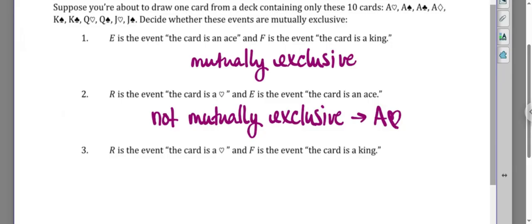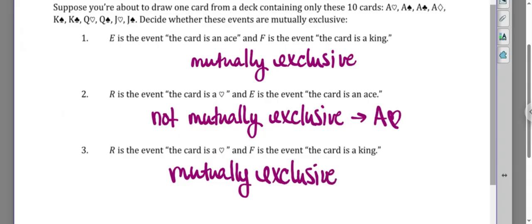No, because the kings are either a spade or clubs. So this would be mutually exclusive. Again, it's just out of what they've listed, not the full deck of cards.